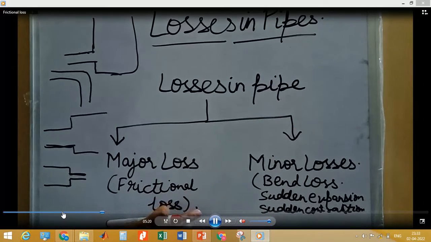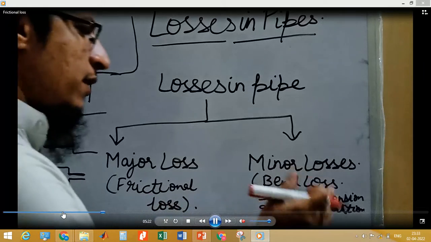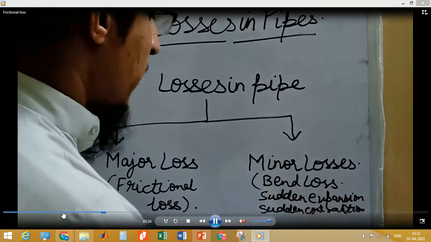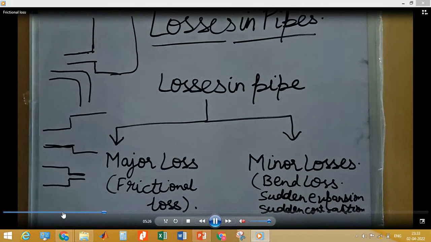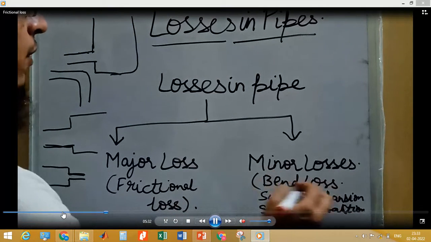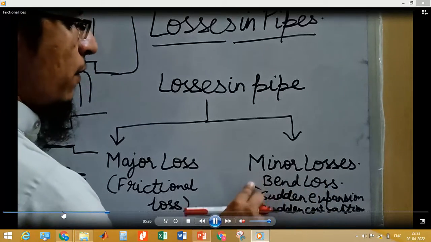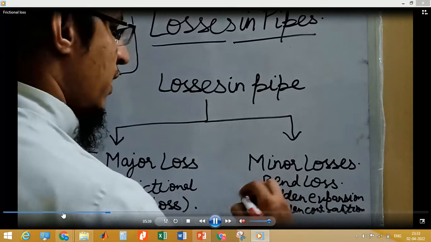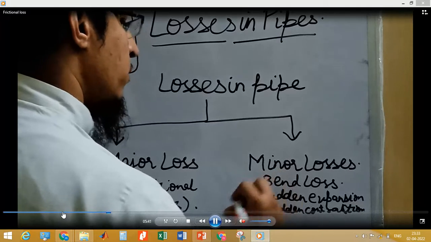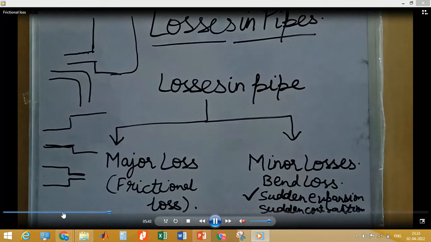So based on this, we can classify these losses, and obviously, over a large length, we can neglect the minor losses. Otherwise, we have to consider both the major loss and minor loss that occur when the flow is taking place through the pipe.